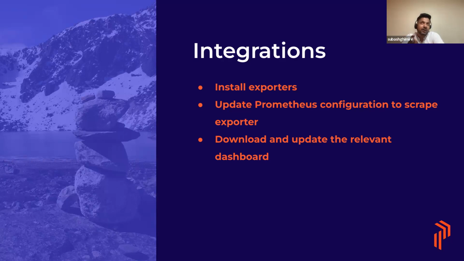I will be showing all this in a demo. What the exporters are, how exporters work, and where we can get them, I'll show in the demo section, so that it will be easy if you want to give Prometheus a try after this, or if you are already using Prometheus, then maybe it will help you improve the integration parts or something like that.